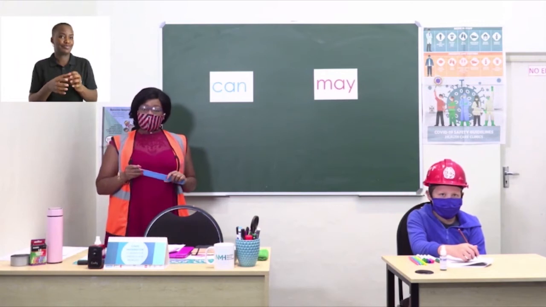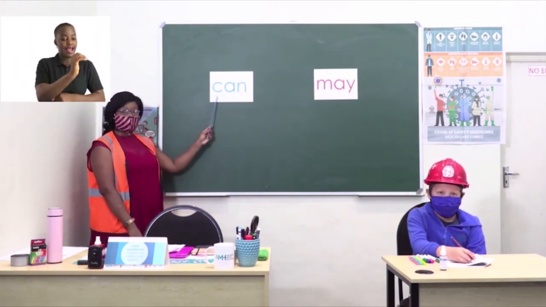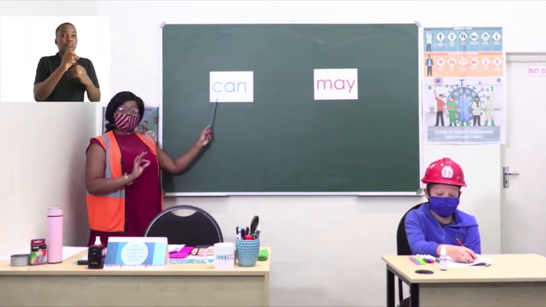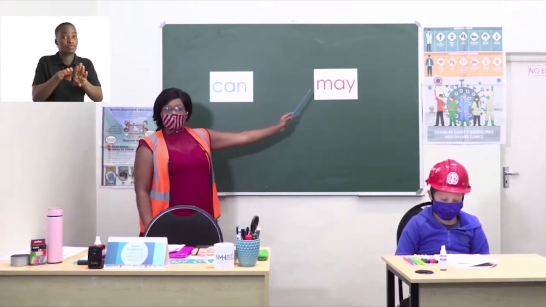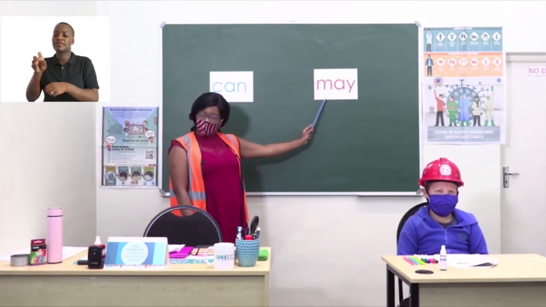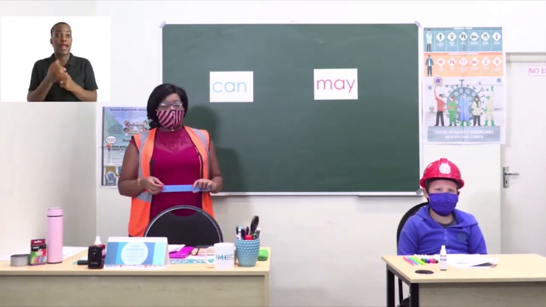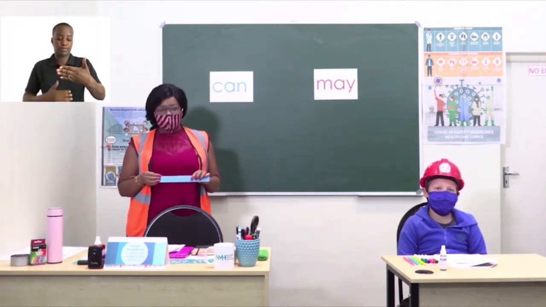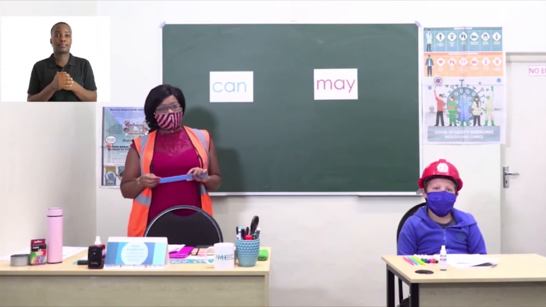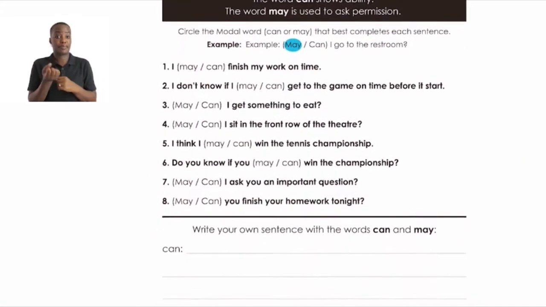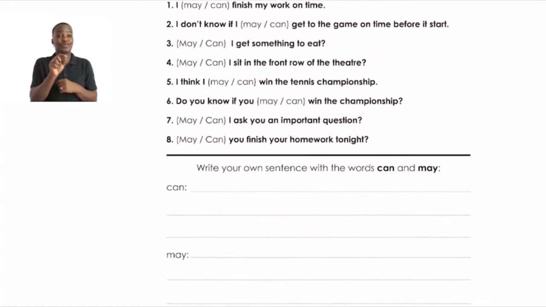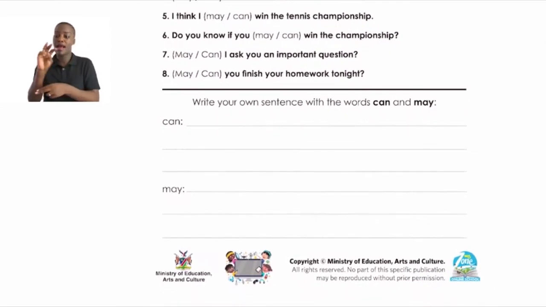The rest I'll ask you to do by yourselves. And it's simple. Remember that can is asking for ability. Are you able? And may is asking for permission. Let's take a look at the half of the exercise that is at the bottom on page 9. Here, they are now asking you to use can and may in sentences.